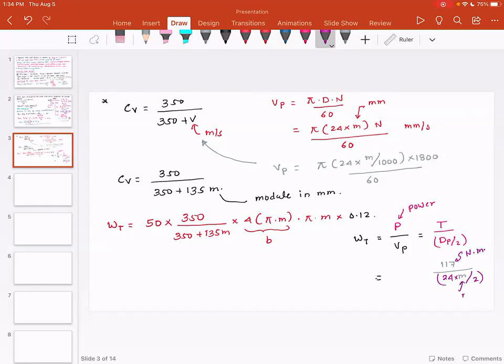This is in millimeter. So for consistency, we need to convert the torque to Newton millimeter.